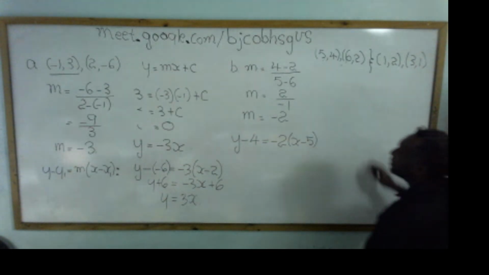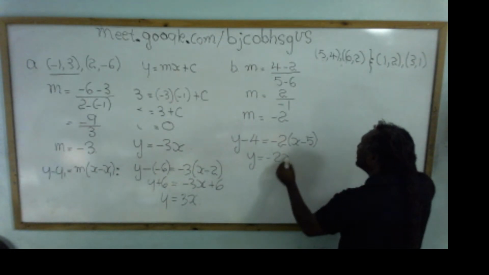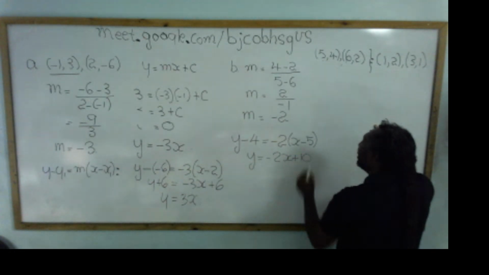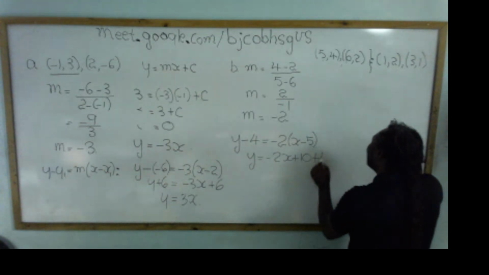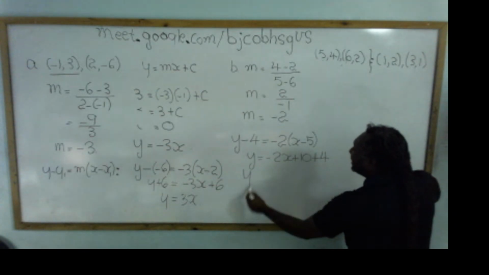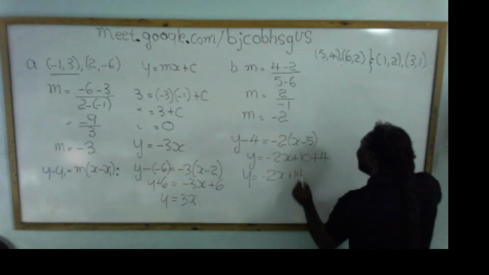So we can do it like this: y is equal to negative 2x plus 10. Of course, we are subtracting 4 here, so we will eliminate this negative 4 by adding 4. So we have y is equal to negative 2x plus 14.